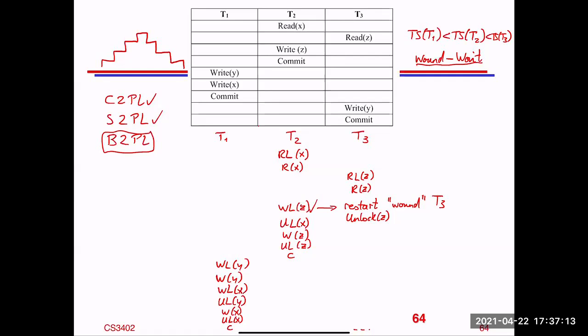It doesn't matter whether this transaction has committed or not. The point is that I've already released the locks. But if I know that it has committed, then at least for basic two-phase locking, it will have already released the locks. For strict two-phase locking, it releases the locks only after committing.